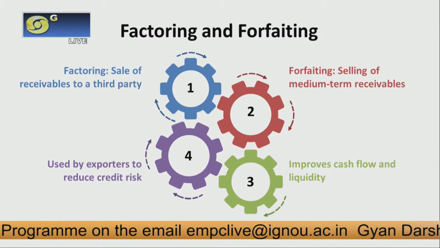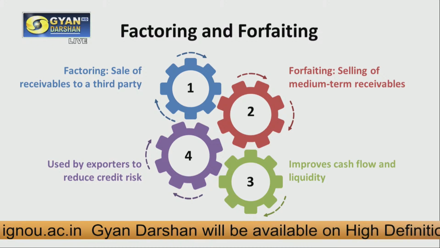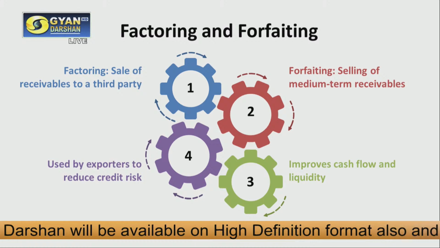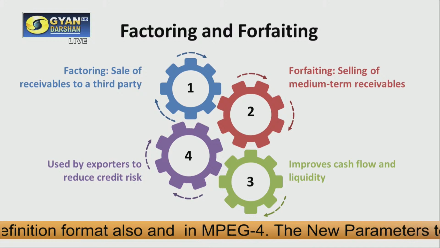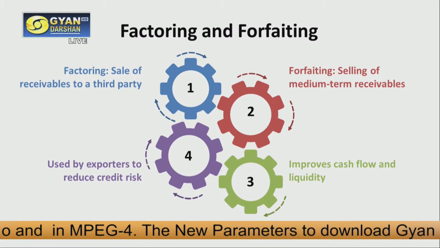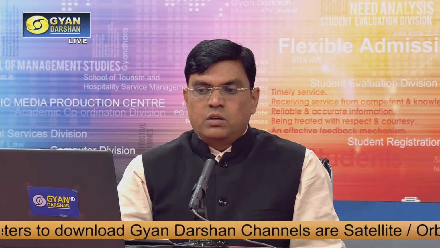In the case of factoring, there are various kinds of factoring services. These are recourse and non-recourse factoring, domestic and international factoring, and open and confidential factoring. These are the different types of factoring services available in international trade. So factoring and forfeiting are used by exporters to reduce the credit risk, also known as default risk, because the most pertinent risk in international trade is credit risk.